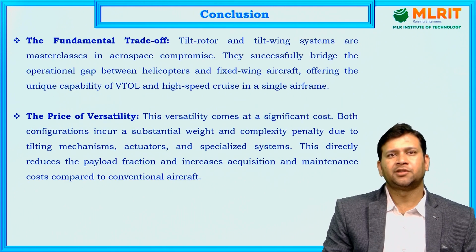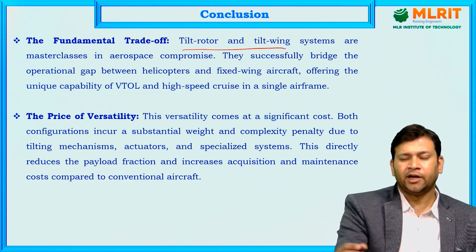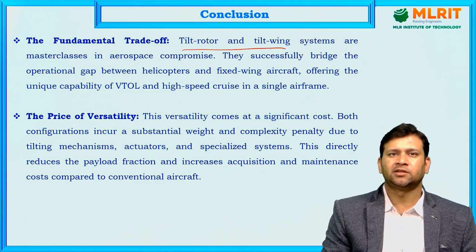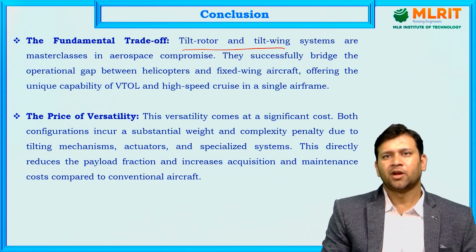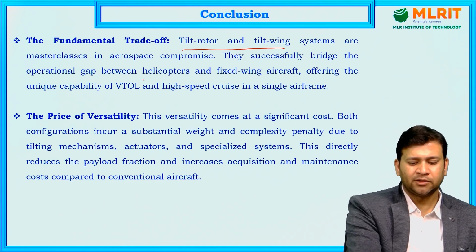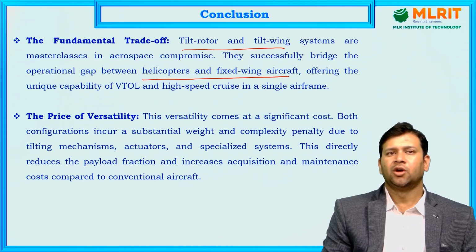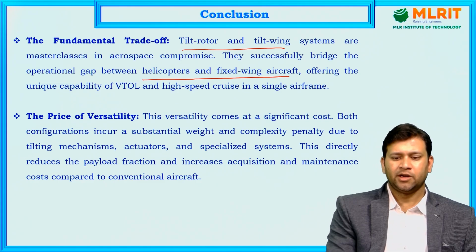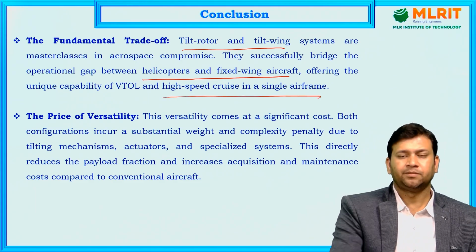Conclusion of today's lecture. The fundamental trade-off. Tilt rotor and tilt wing systems are master classes in aerospace compromise. They successfully bridge the operational gap between helicopters and fixed wing aircraft, offering the unique capability of VTOL and high-speed cruise in a single airframe.